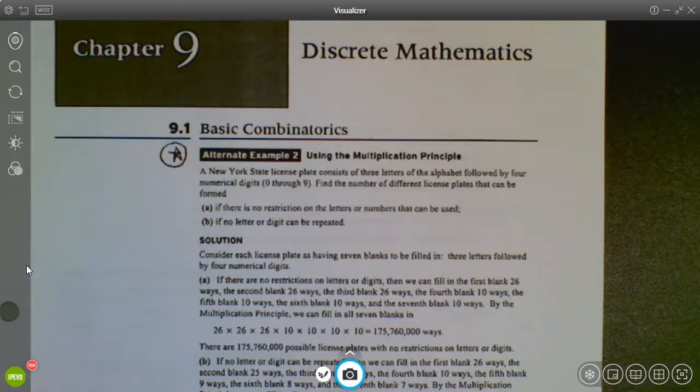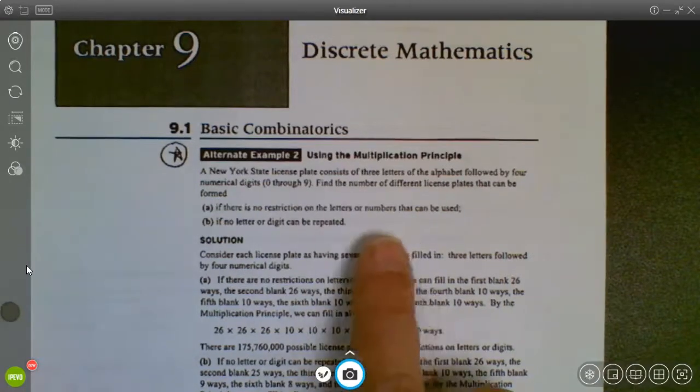That's the case where things can be repeated, versus part B, which says no letter or digit can be repeated. So it's super important that we pay attention to those little details. But really all we have to do is lay out the scenario for each potential digit within the plate, whether it be a number or a letter, and then multiply them all together.